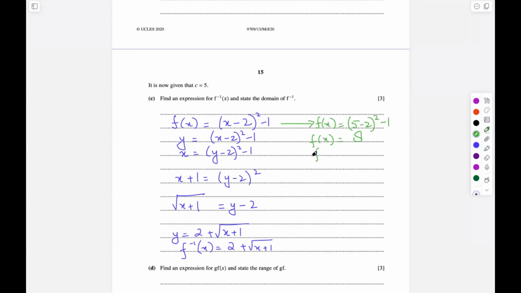So we can write that f of x will be greater than 8. As the range of f of x is greater than 8, it means that the domain of f inverse will also be greater than 8. So we can write that the domain for f inverse will be x greater than 8.